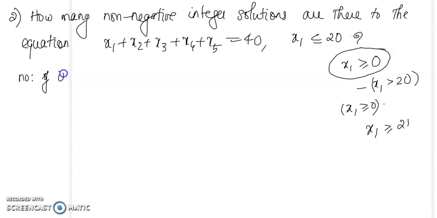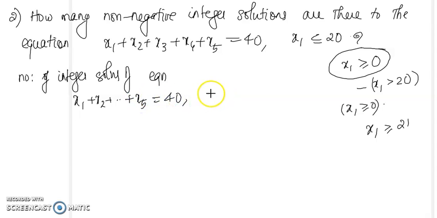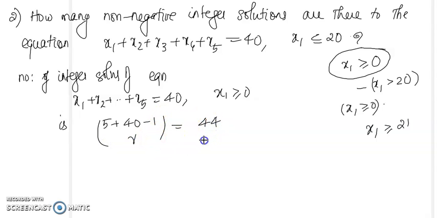The number of integer solutions of the equation x1 plus x2 plus etc. x5 equal to 40, when you have x1 greater than or equal to 0, will be (5 plus 40 minus 1) C r, so that will be 44 C 40.